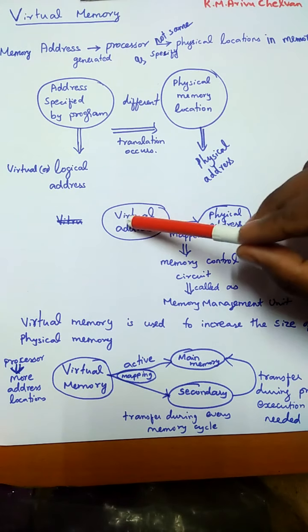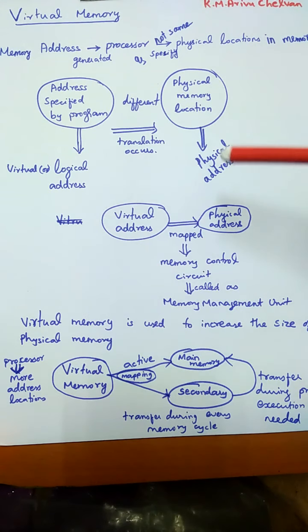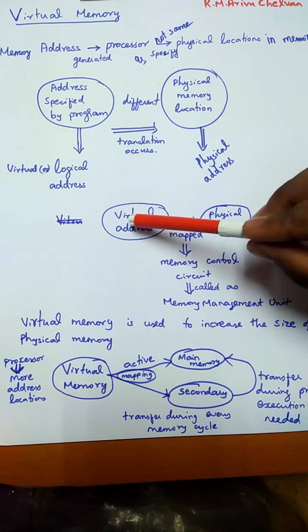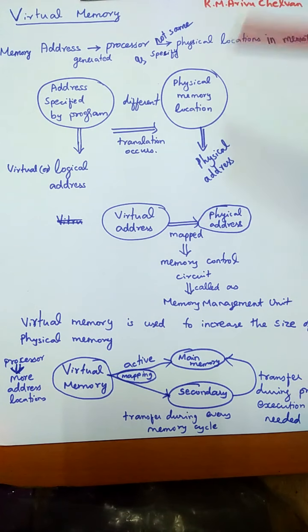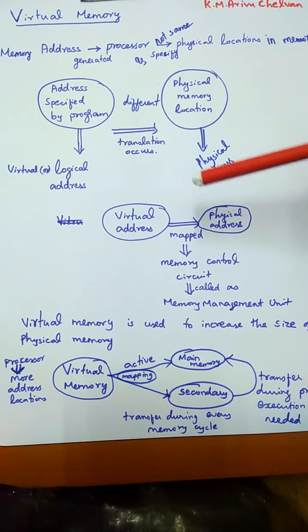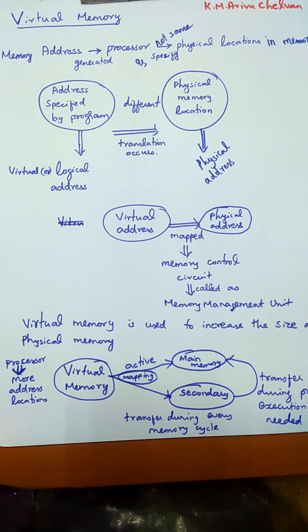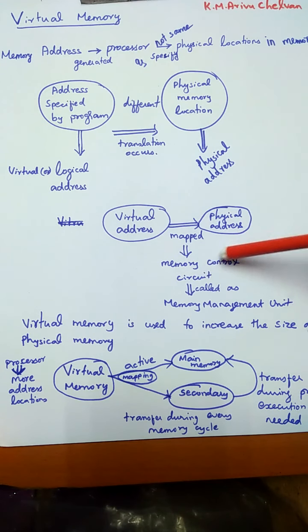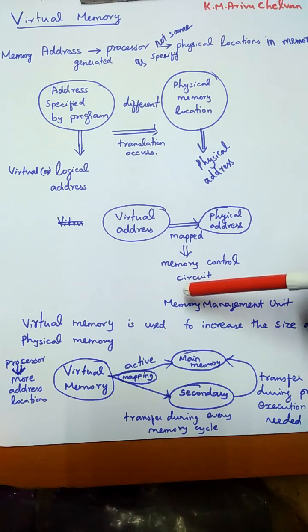The virtual address is on the processor side, the physical address is on the memory side. These two things are not the same. So to make a proper alignment or to find the exact location, we need a mapping function. This mapping function is controlled by a circuit called the memory control circuit, and it is managed by the memory management unit.